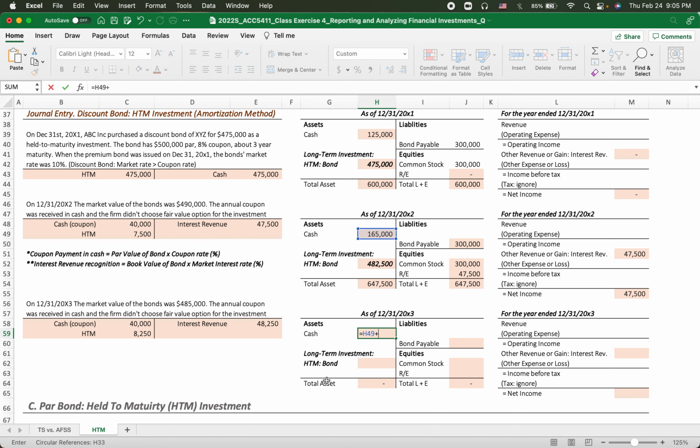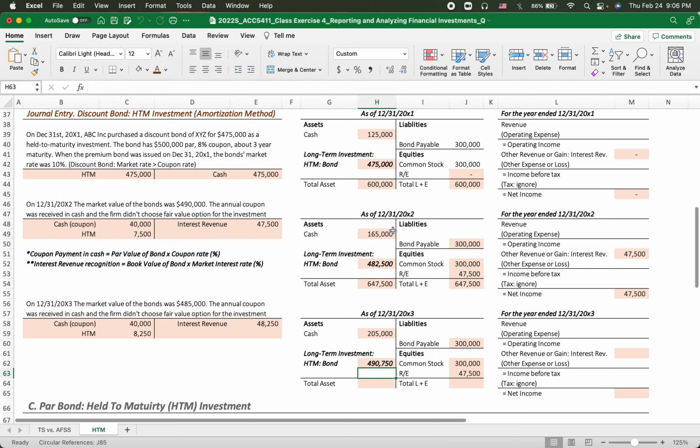Okay, the cash amount increased by the coupon received, and we have to start from the ending balance always. Okay, let's get started from there. Here, this amount now should increase by this HTM, now getting closer to $500,000.